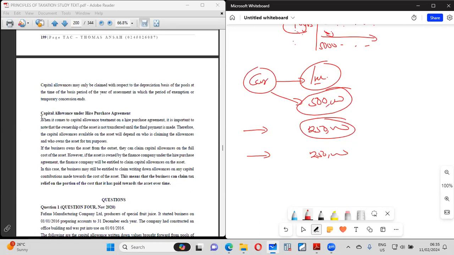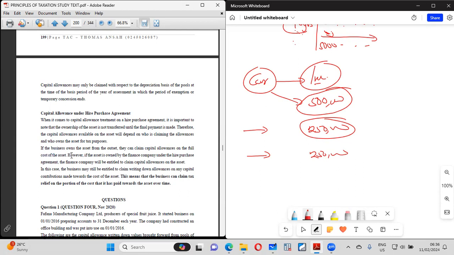So if you read this, we say that when it comes to capital allowance treatment on hire purchase, it's important to know that the ownership of the asset is not transferred until the payment is made. Therefore, capital allowance available on the asset will depend on who is claiming the capital allowance and who owns the asset for tax purposes. If the business owned the asset from the outset, by the hire purchase agreement, they claim the capital allowance on the full cost of the asset.